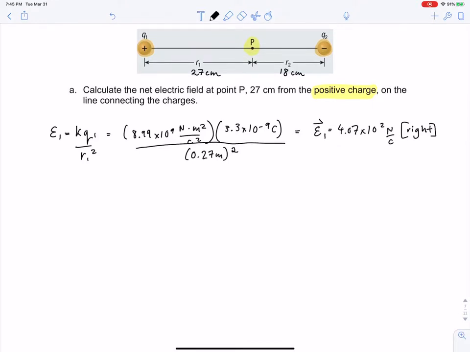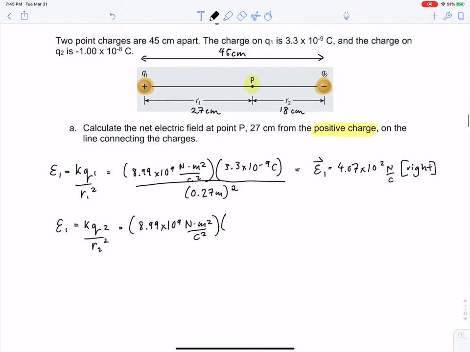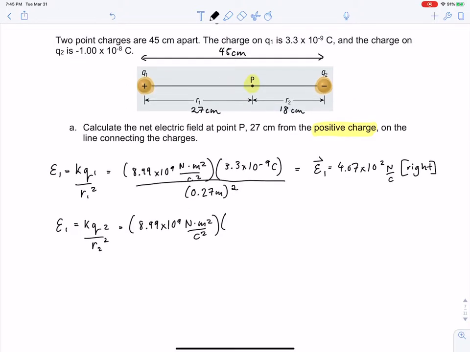Okay, let's determine the field magnitude for Q2, at a distance of R2 squared. If we substitute and solve, that's 8.99 times 10 to the power of 9 newtons times meters squared per coulomb squared, times, this time the charge is negative 1.00. I'm going to omit the sign of the charge, but we're going to analyze the direction afterwards.